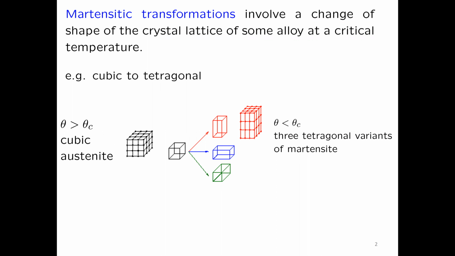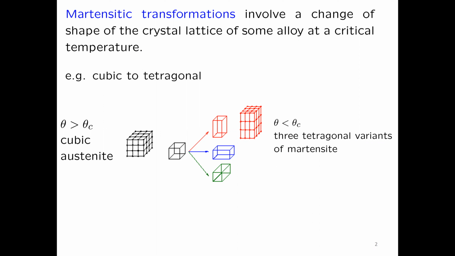And we have a cubic structure, and then you reduce the temperature through a critical temperature, and because of interactions between the atoms and how it depends on temperature, it wants to change shape. So in this case, from a cube to a tetragon. And it happens suddenly, like this. And because the original lattice has cubic symmetry, it's just as likely to stretch into a tetragon in this direction as it is in the other two cubic directions.